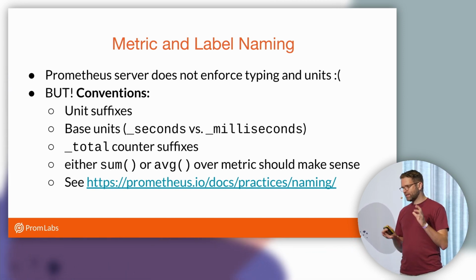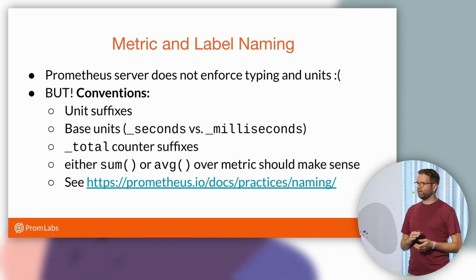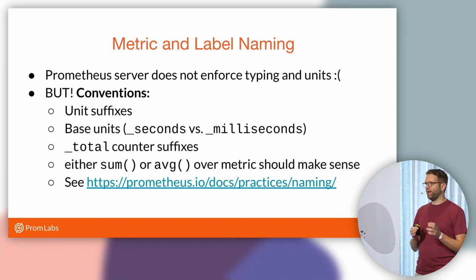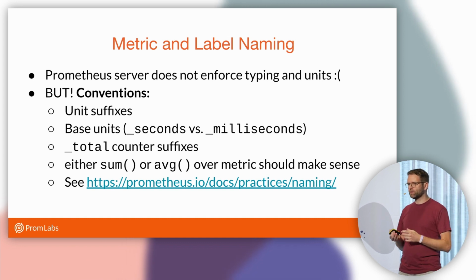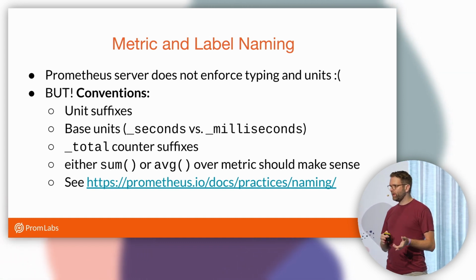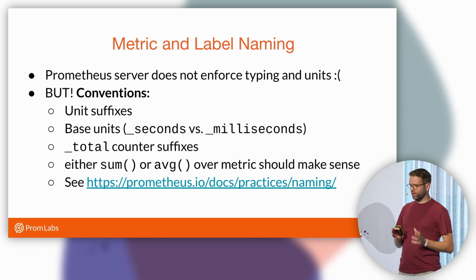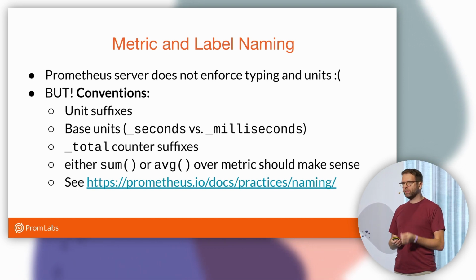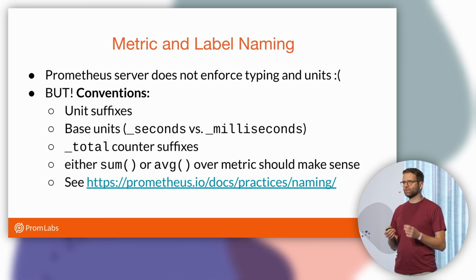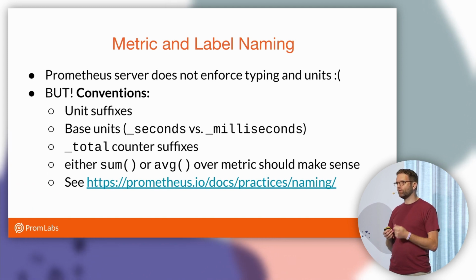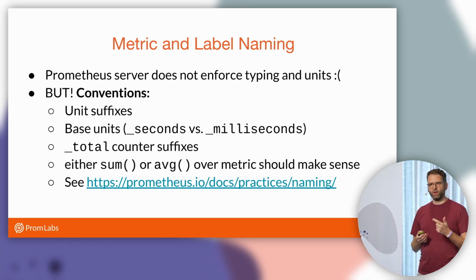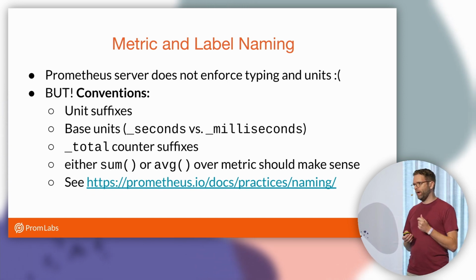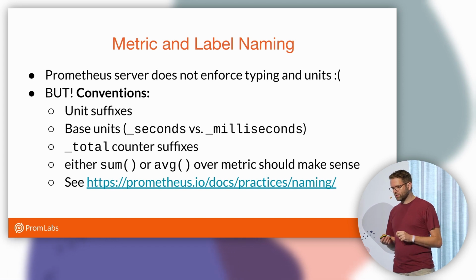And while there's some parts of the system that have a bit of an idea of the meaning and the type of a metric name, whether it's a counter, gauge, summary, histogram, that doesn't really make it into the TSDB and not fully into PromQL. So the Prometheus server in most places does not have a way to statically enforce whether you are using a metric correctly, semantically, from the unit perspective, whether it's a counter or gauge or so.